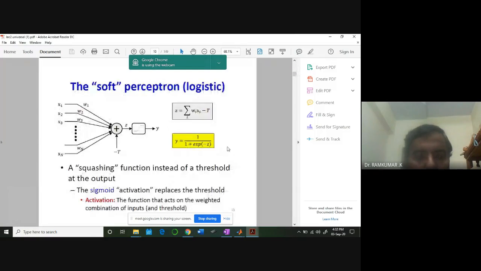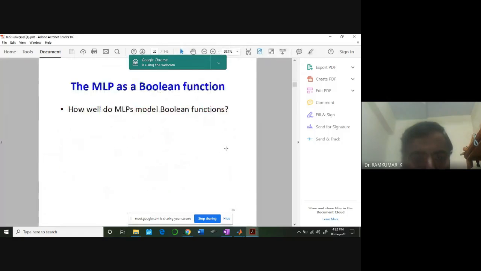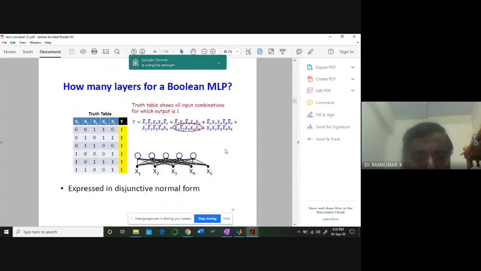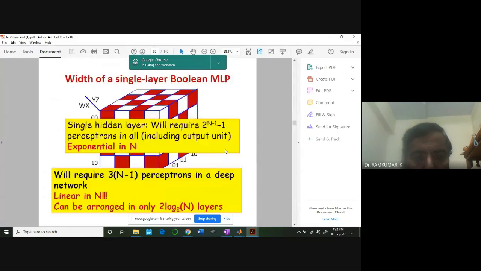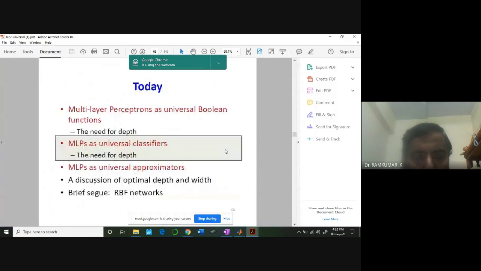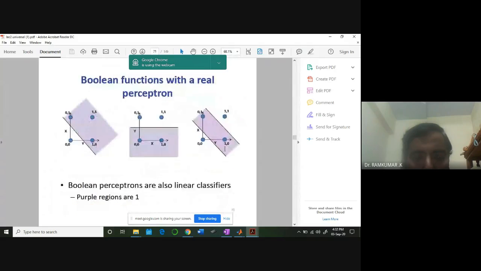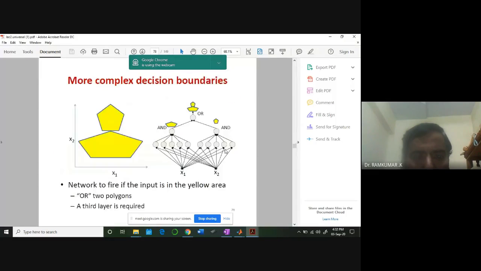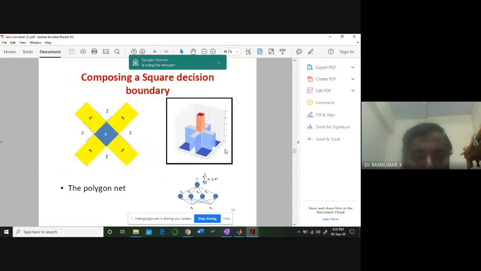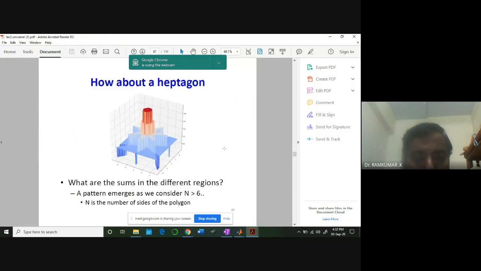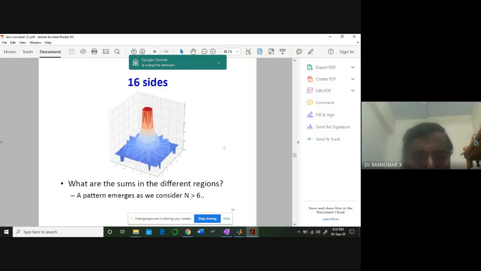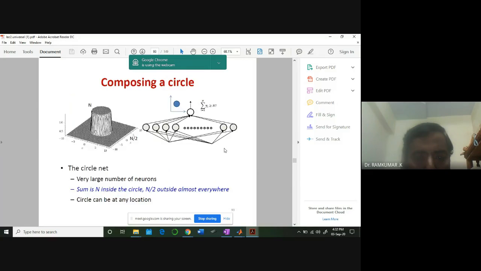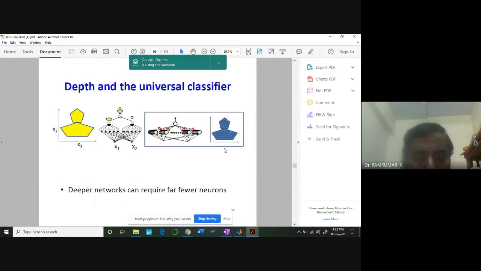See here. This is for Boolean MLP. This is the kind of thing we're talking about. The tower is being built like this for classification, it's for classification purpose.